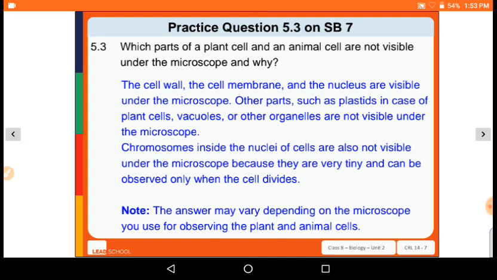Chromosomes inside the nucleus of the cell are also not visible because they are very tiny and can be observed only when the cell divides.